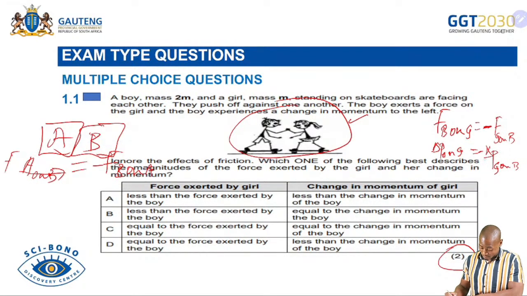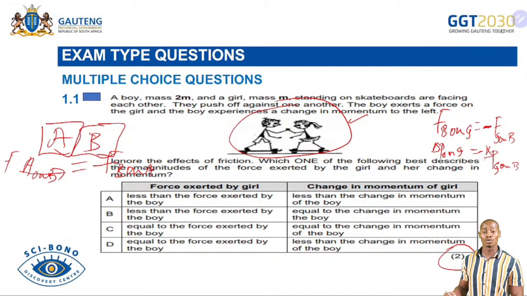So that is very, very important. From Newton's third law, during contact, the force exerted by object A on object B is equal to the force exerted by object B on object A, but acting in opposite directions.